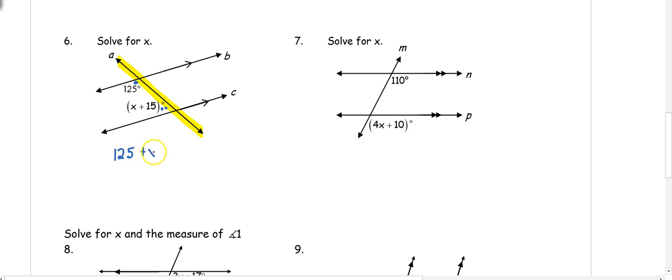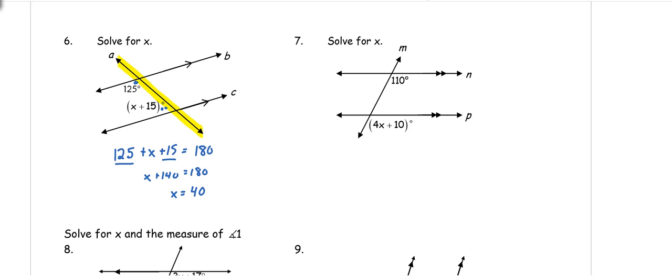So we're going to add the two angle measures together and set them equal to 180 to solve for x. I can combine 125 and 15, so I get x plus 140 equals 180. I can subtract 140 from both sides, which means that x is 40.